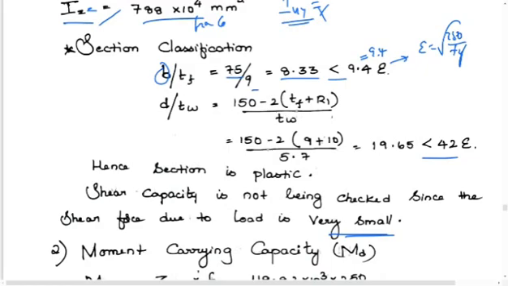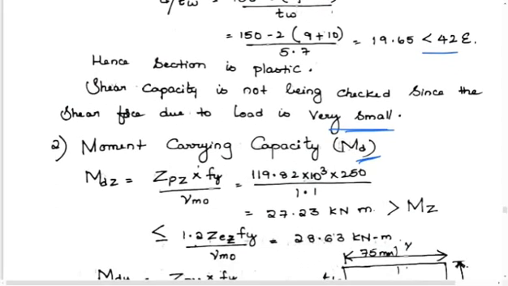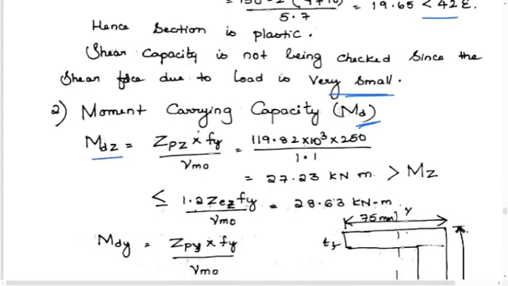The shear strength of the member is very high compared to the shear force that develops in the purlin. So every time it is satisfied, you need not check the shear capacity, but you have to check the moment carrying capacity about Z and Y also. MdZ and MdY have to be calculated.